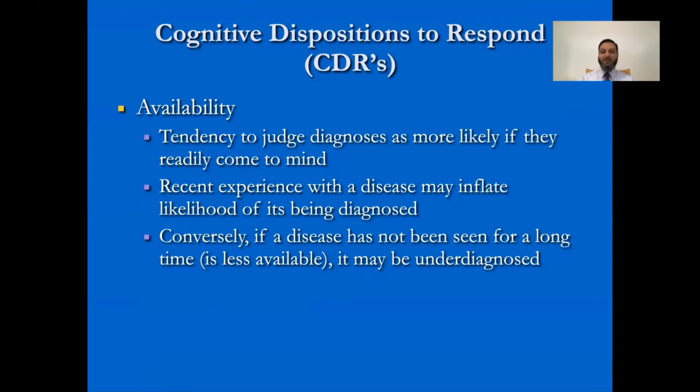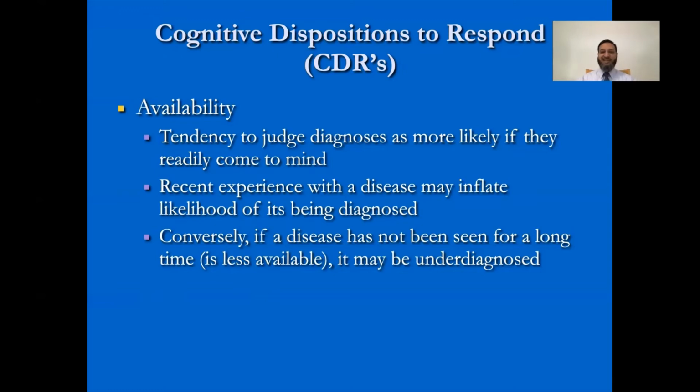So this can happen. Let's say you're seeing pediatric patients in an ER setting in the middle of RSV season, and you have infants coming in with wheezing and respiratory distress, and the last 5 patients you saw had RSV bronchiolitis. Another patient comes in with wheezing and respiratory distress, and you assume the child has RSV because that's what you've been seeing, so it jumps to your mind again.